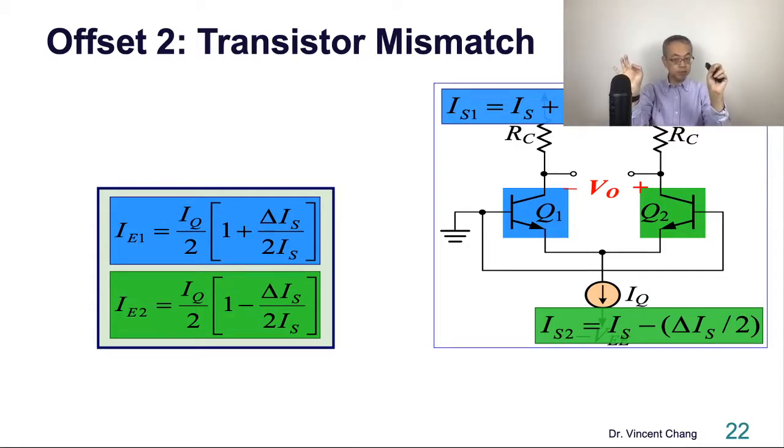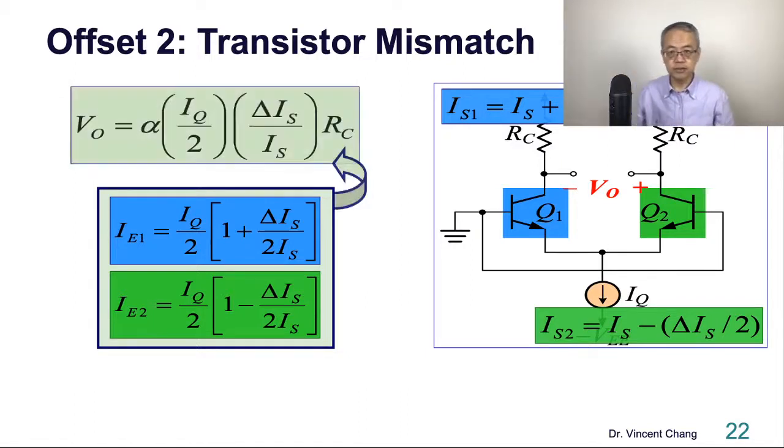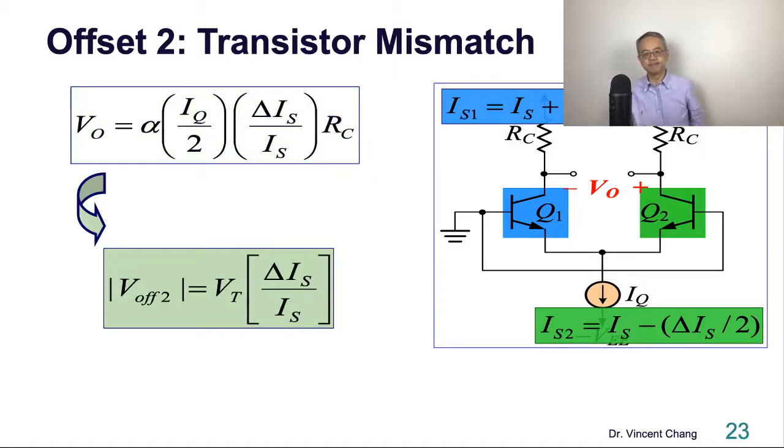I'm going to skip those steps and jump to the final answer. The pattern is very similar. This output offset voltage is generated by the second offset issue, transistor mismatch. I also skipped one step, so go back: what's the third step?